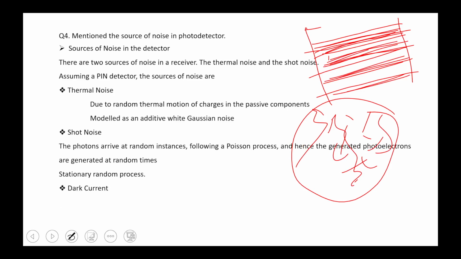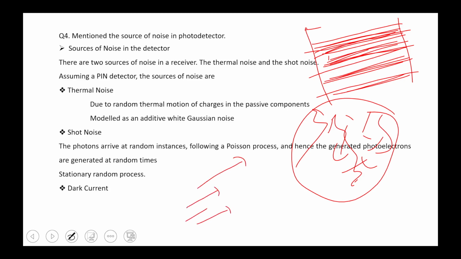In shot noise, the photon arrives at a random instant, and hence at the arrival time of that photon, it will generate a shot type of noise. So it is stationary. And one more is that due to the dark current, some noise will be generated. So shot noise is uncertainty in the arrival of photons caused by the quantized nature of light. Some photons will reach at a time, some in less time.